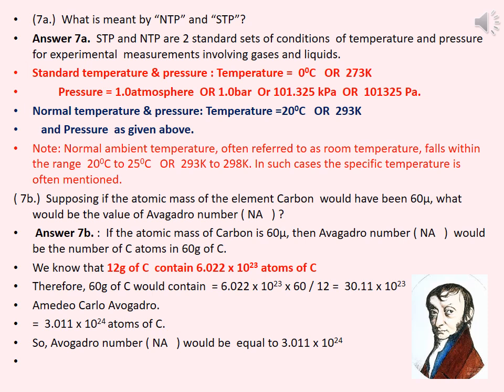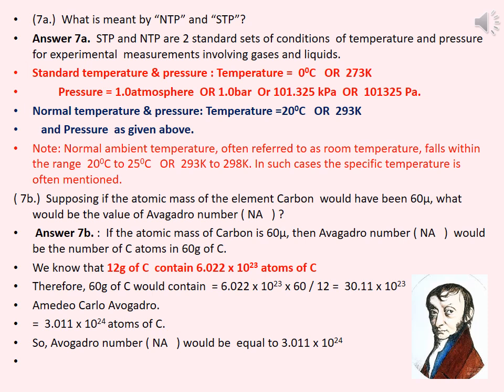We know that 12 grams of carbon is 1 mole of carbon. 1 mole of carbon is 1 gram atomic mass of carbon, 12 grams. So 12 grams of carbon contains 6.022 into 10 power 23 atoms of carbon.